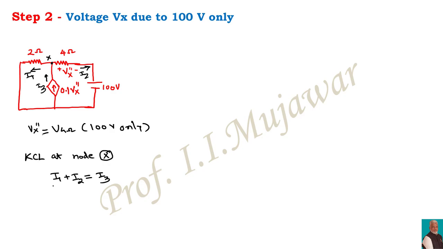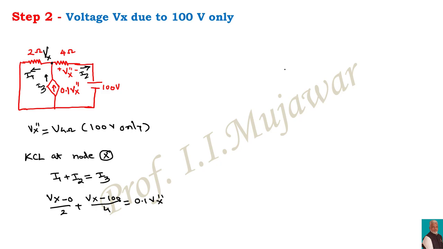Using the values, let this potential be Vx. So your equation is Vx minus 0 by 2 plus Vx minus 100 by 4, equal to 0.1 Vx double dash.